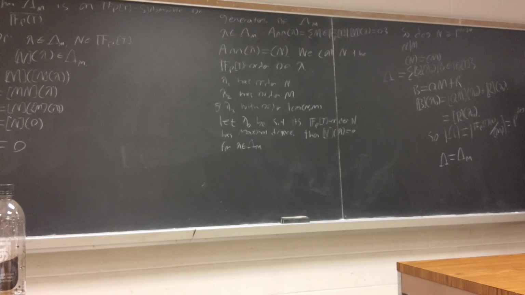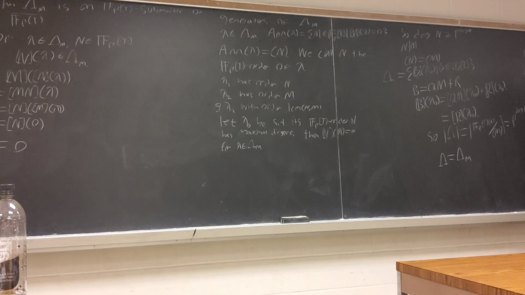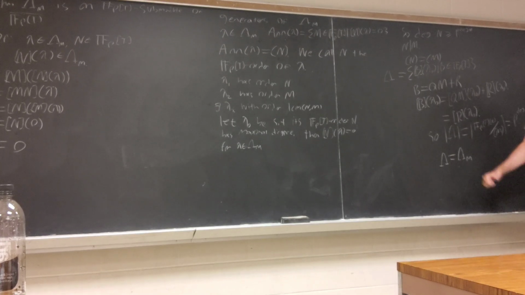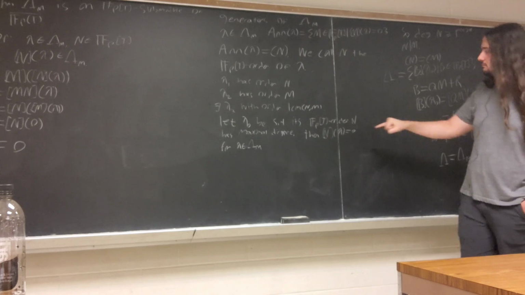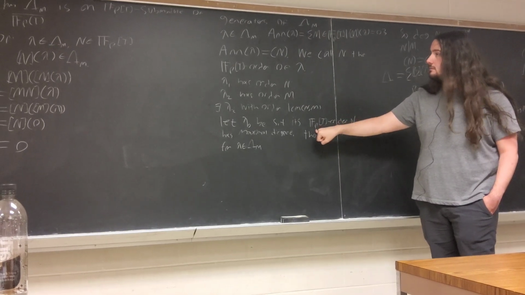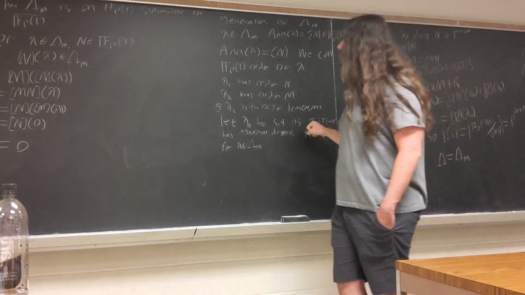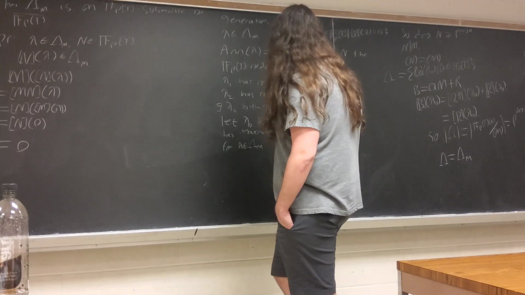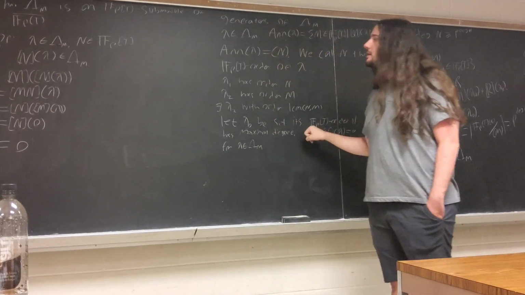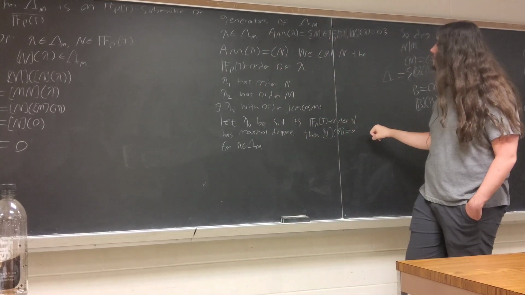Just to make sure that we check this: in general, is it any field of characteristic p, or do you use F_p for all these definitions? For all of these definitions, I was doing it with F_p. That's actually a good question.